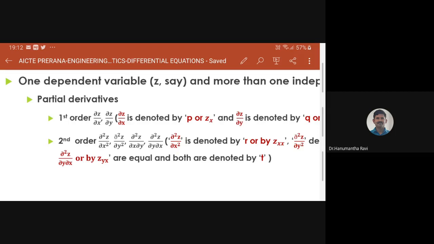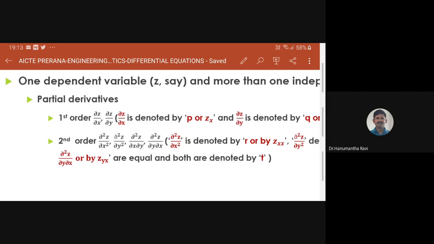As a consequence, the result is denoted by dou square z by dou x dou y. And of course, you can change the order of differentiation here. It means first differentiate partially with respect to x, followed by differentiating partially with respect to y.